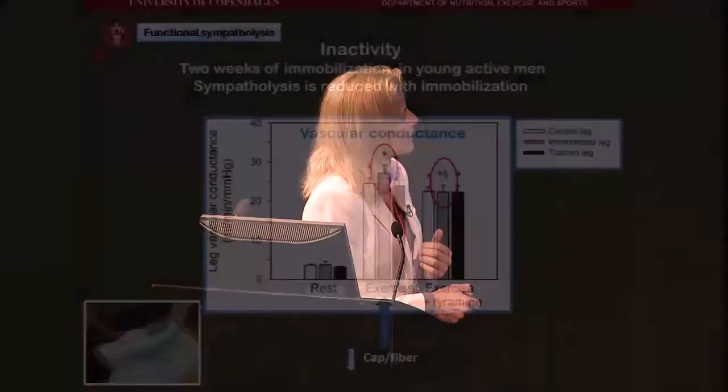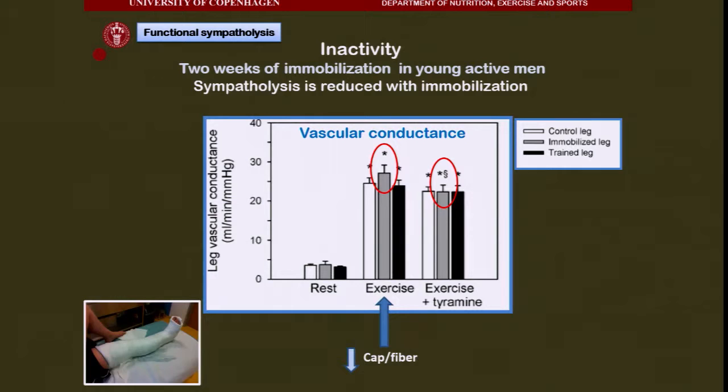And yes, it does. We have here our casted people. Again, control, your deconditioned leg and your trained leg. During exercise, remember that submaximal flow is greater in the deconditioned leg, maybe because they have less capillaries per fiber.